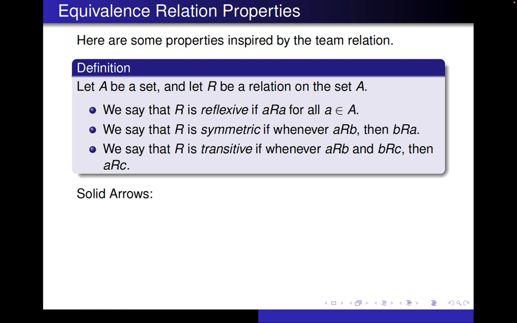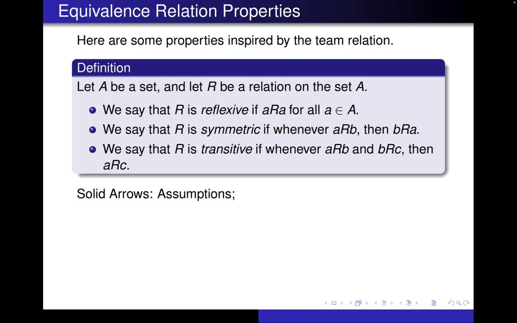So I'm going to try to describe these, give you a visual of what these properties tell us. That was a verbal description of what the properties are. Now I want to show you in pictures using the directed graph model. So I'm going to have two types of arrows. One are the solid arrows, and those are the arrows that we get from our assumptions.